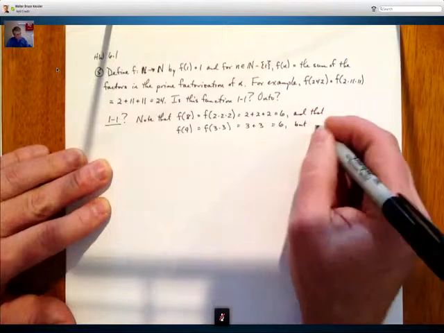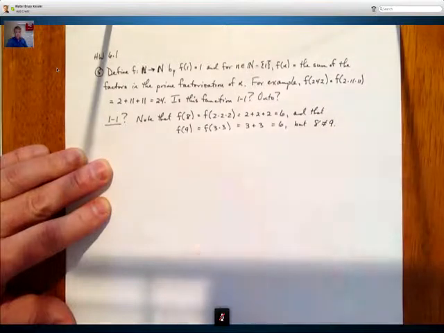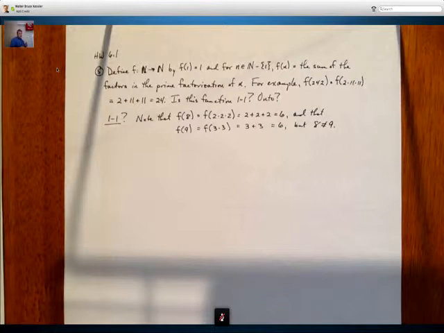So those are equal, but 8 is not equal to 9. Okay, so there's your counterexample. If they were one-to-one, if I get the same answer, f of whatever, I get the same number, then that whatever it is has to be equal to the other whatever it is.